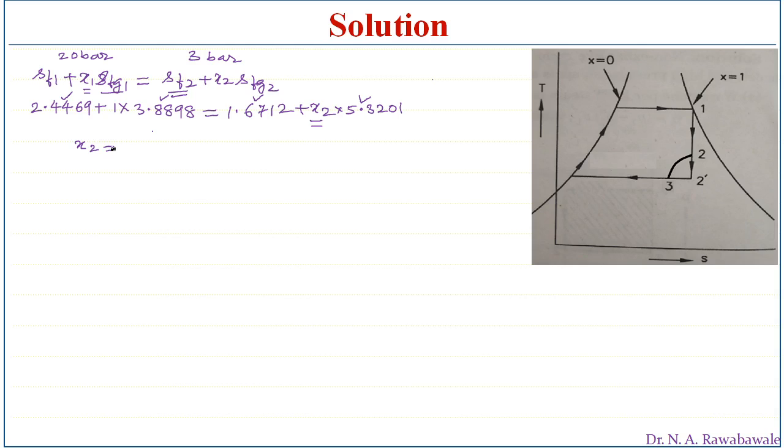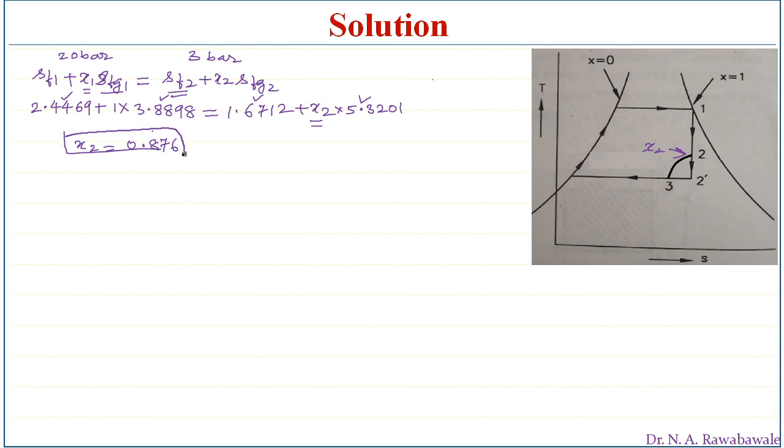This gives us the dryness fraction of steam as 0.87. Then the dryness fraction at point 2 is 0.876.